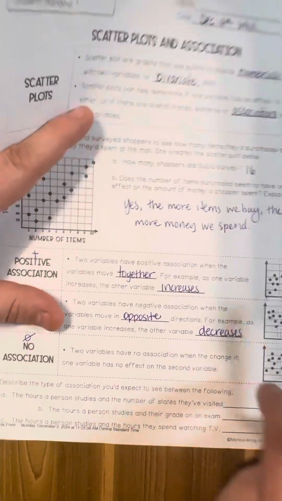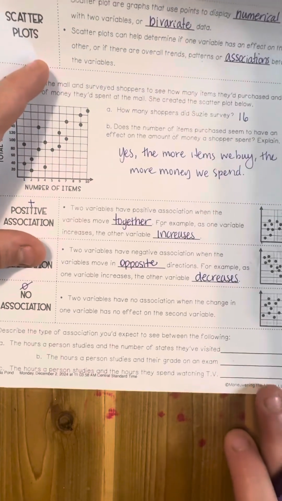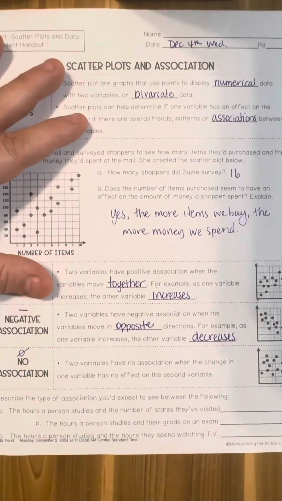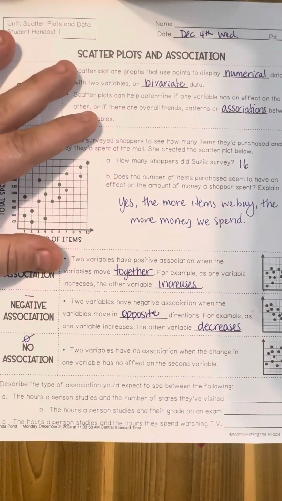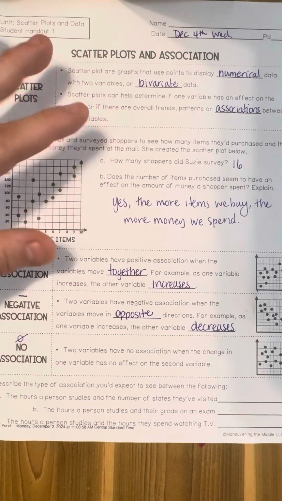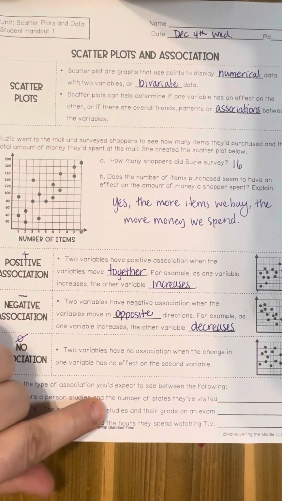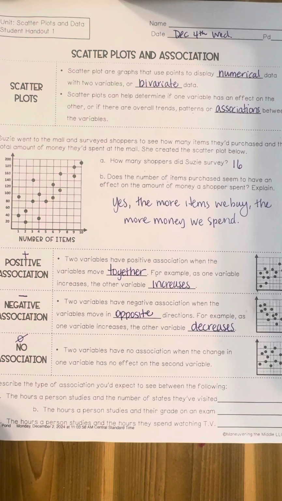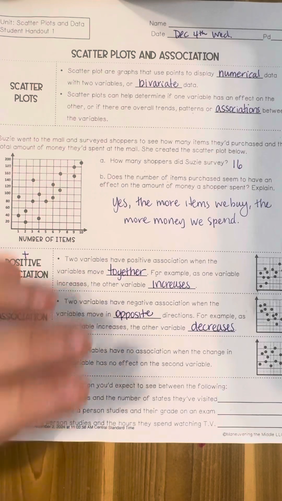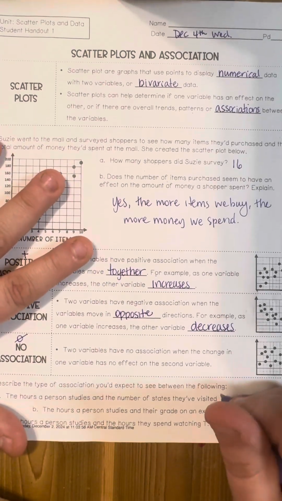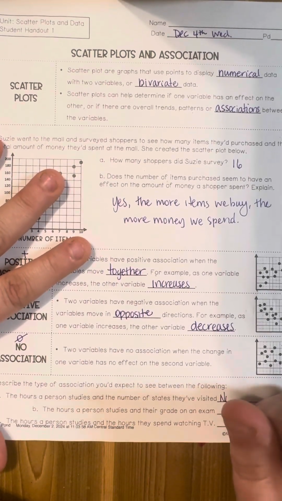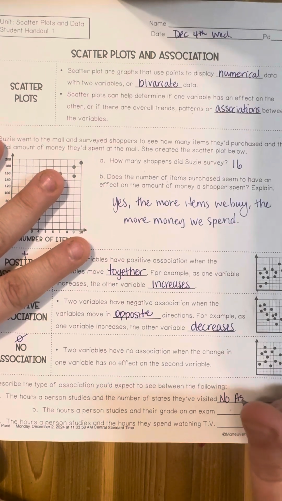Okay. So now we're going to talk about the type of association we'd expect to see between the following. All right. So A, the hours a person studies and the number of states they visited. Doesn't matter how long I study, right? Traveling doesn't matter how much I study. Doesn't matter how many states I've been to. So for this, there is no association.